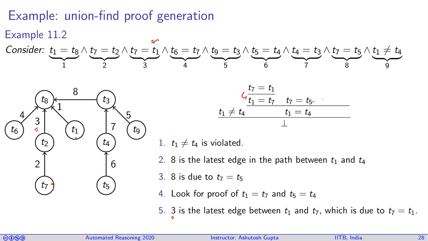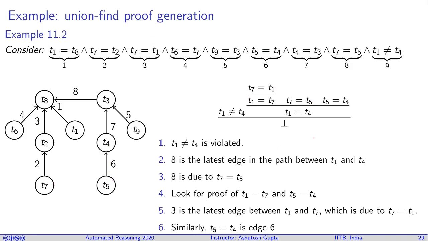Now one more thing is left to do, which is to find what made T5 equal to T4. So look at T5 and T4 was here, and there's a path with exactly a single edge 6, which was appearing here. This is T5 equals T4, and you can write it directly there.